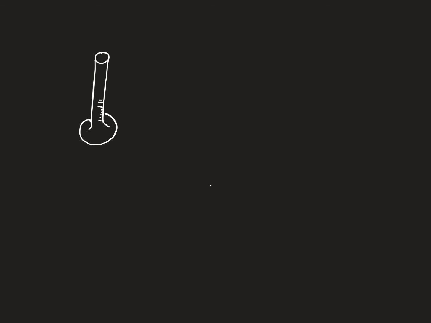There are these little marks on a graduated cylinder. This is a graduated cylinder. This is what we use. It's a cylinder. Obviously, graduated means there's marks that you can read.